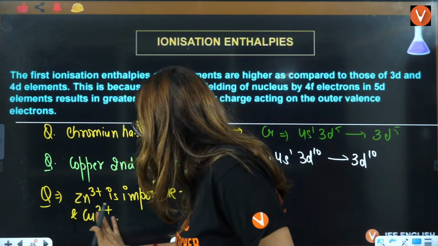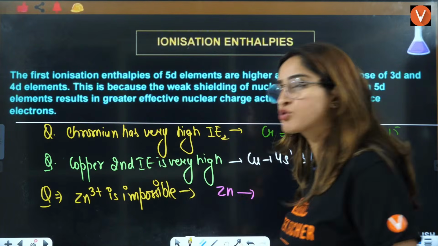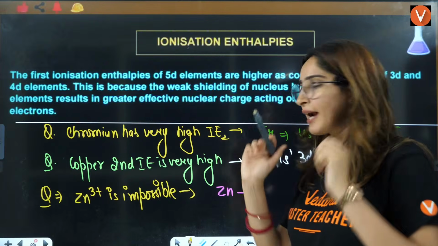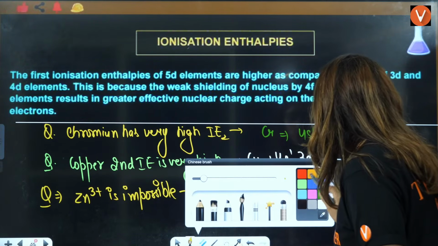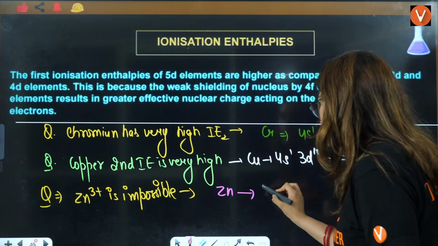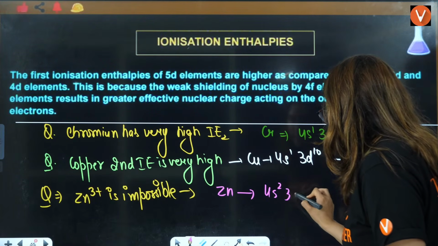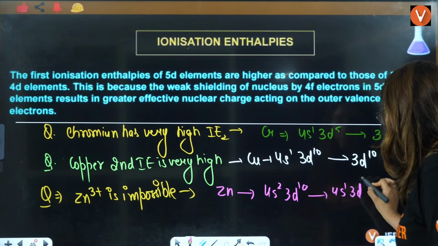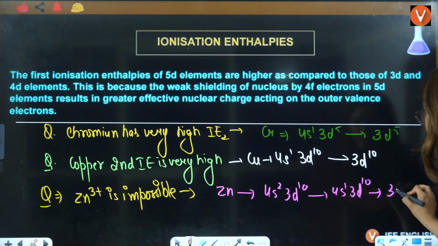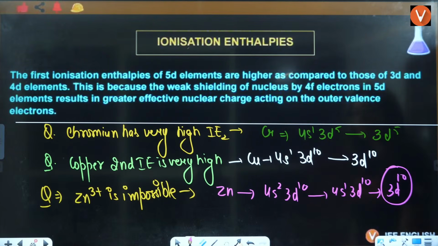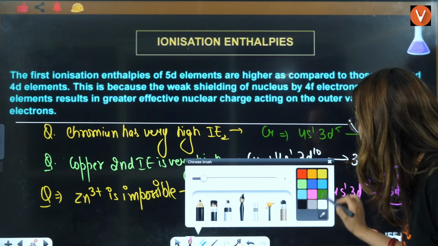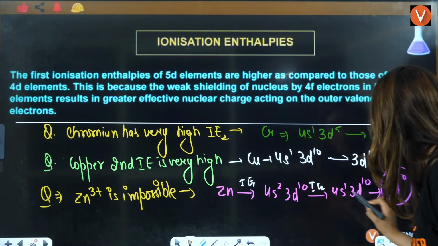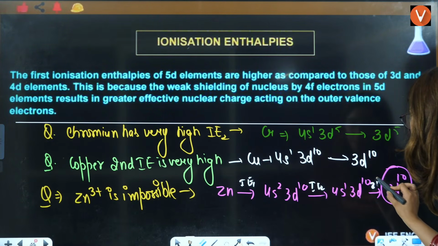Copper 2+ has a different way of looking at it. Zinc is 4s2 3d10. You take out one electron, it will become 4s1 3d10. You take out one more electron, it will become 3d10. Then can you take an electron from here? This is IE1, this is IE2, and this is IE3.